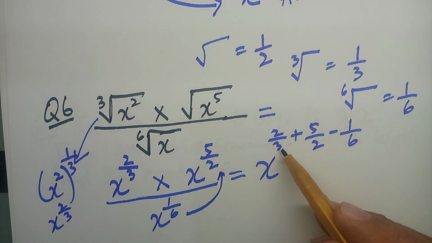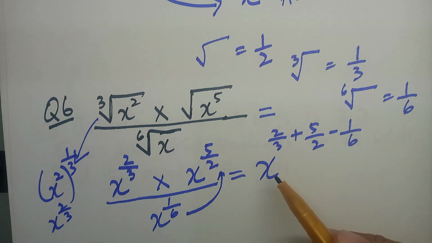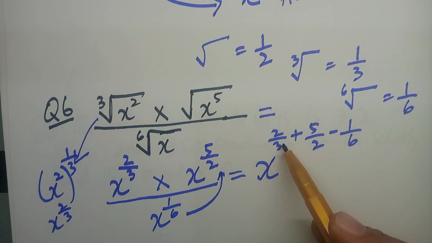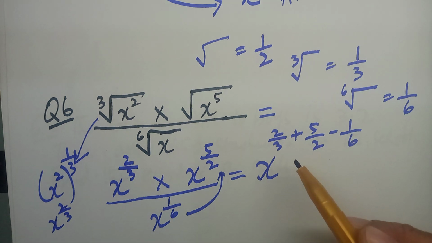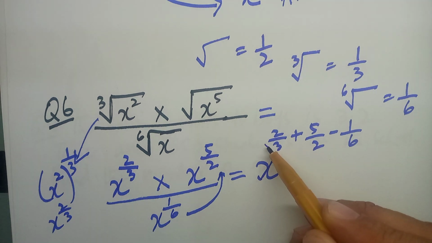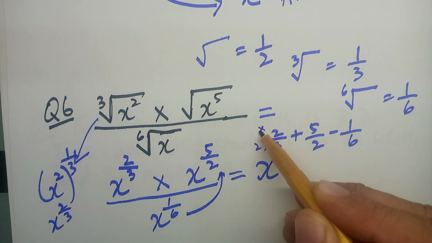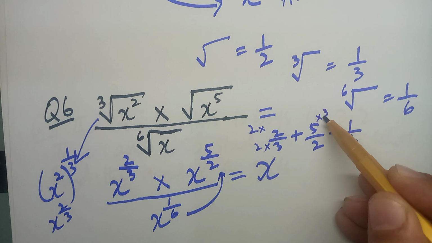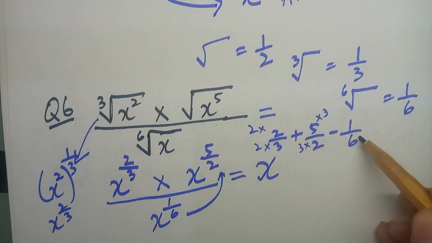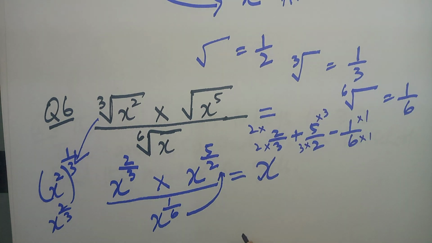So to find out the final solution, we have to add or subtract these fractions. To add or subtract them, we have to make the denominator the same. So I will multiply the first fraction by 2, the second fraction by 3, and the last fraction by 1.